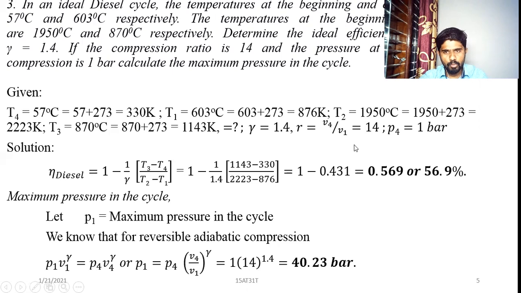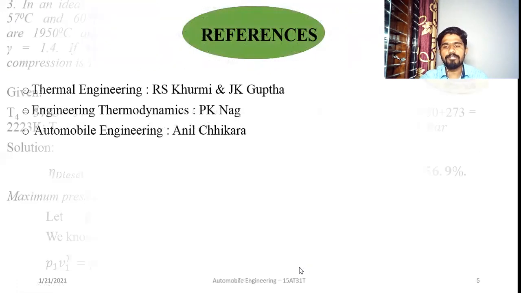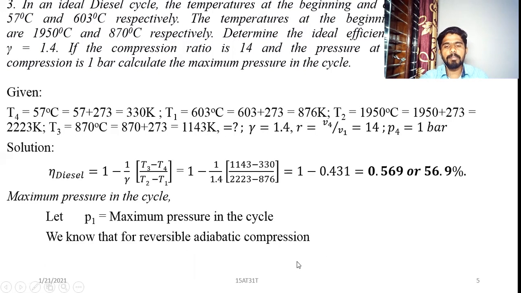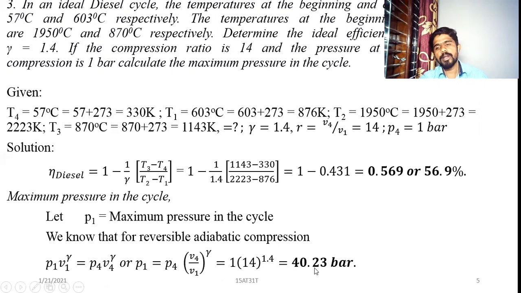V4 by V1 is the compression ratio, that is 14, already given, so 14 to the power gamma, gamma is 1.4. If you simplify this, you will get the maximum pressure, that is 40.23 bar. So this is the result of problem number 3. The ideal efficiency is 56.9%, and finally the maximum pressure in the cycle is 40.23 bar.